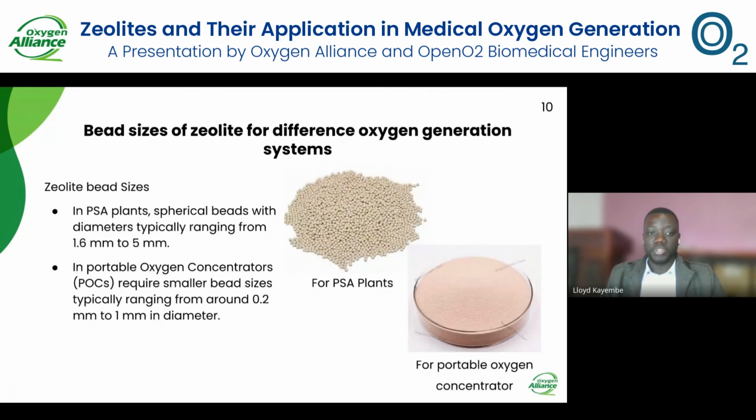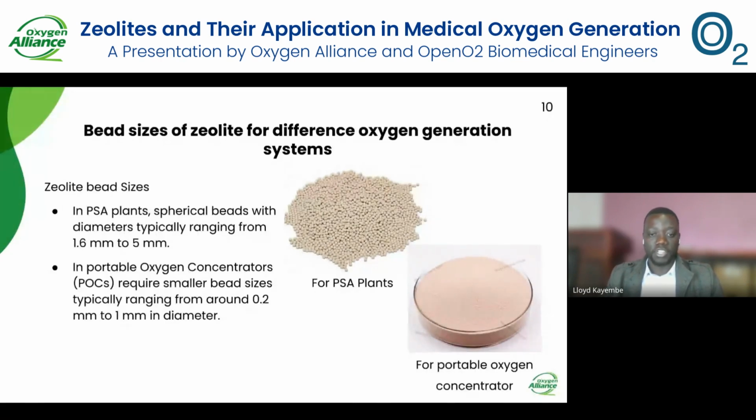Typically, the type of zeolite used in oxygen generation systems is in the form of spherical beads. As mentioned earlier, oxygen concentrators use spherical zeolite. The image that I showed you earlier showed zeolite in the form of spherical beads.